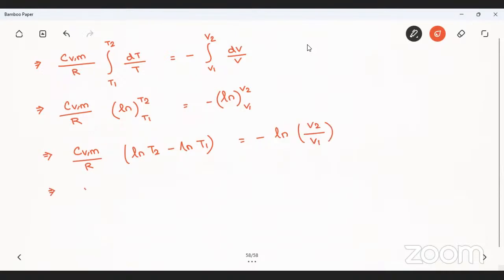So again, CVM by R ln T2 by T1 is equivalent to minus ln V2 by V1. Now if we reverse this, this minus sign will disappear, like ln V1 by V2. Up to this clear?